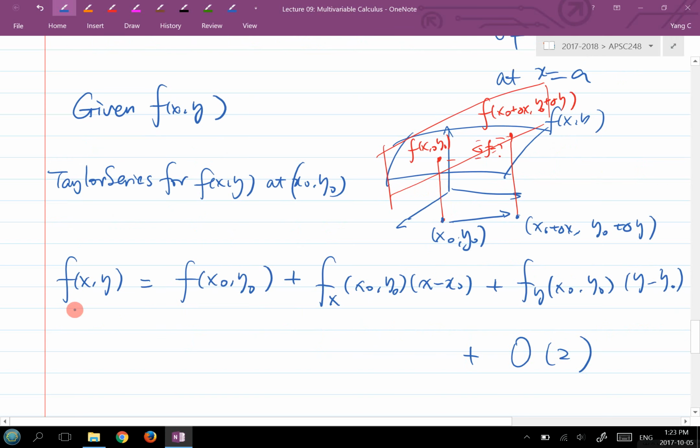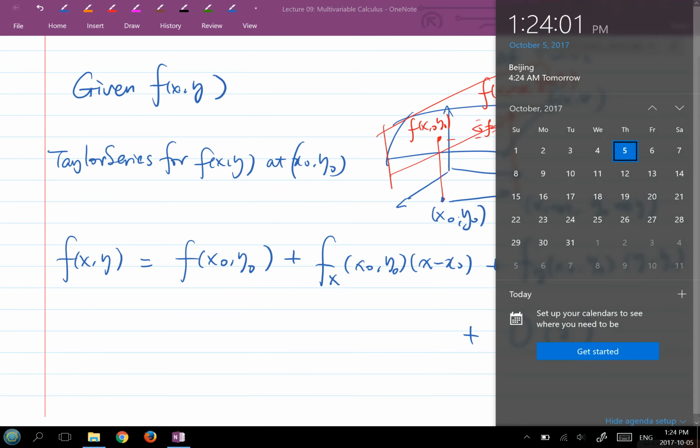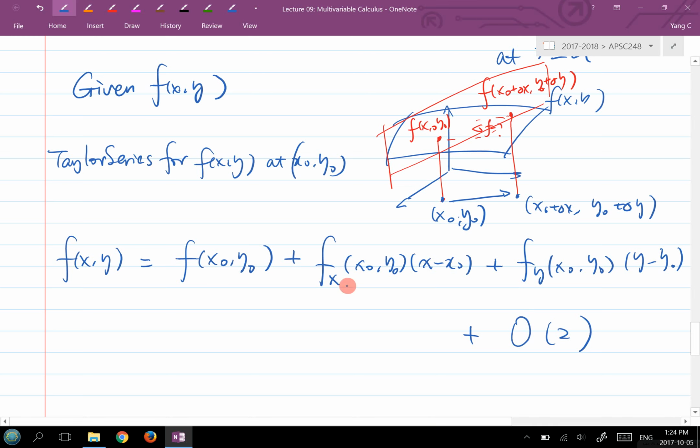So that's the Taylor expansion for this function f here. You can try to recall the Taylor expansion for a single variable. I'm not writing the higher order terms here, only up to the first order.